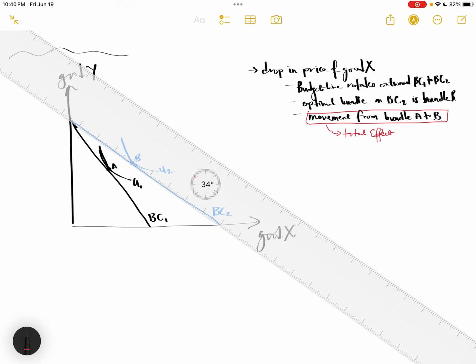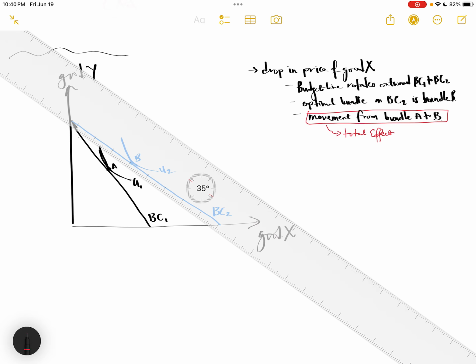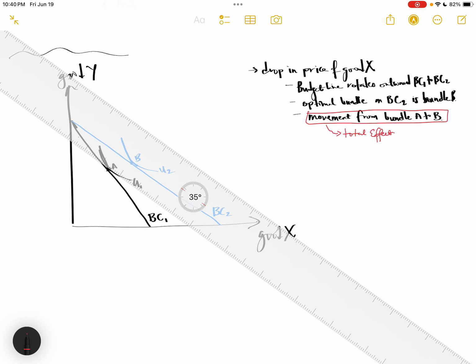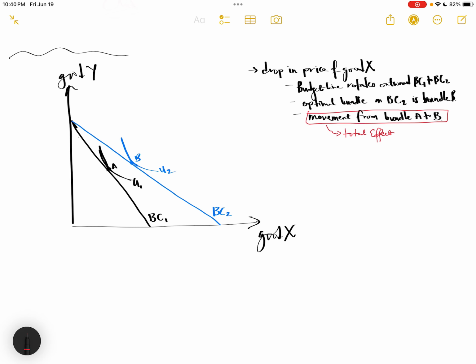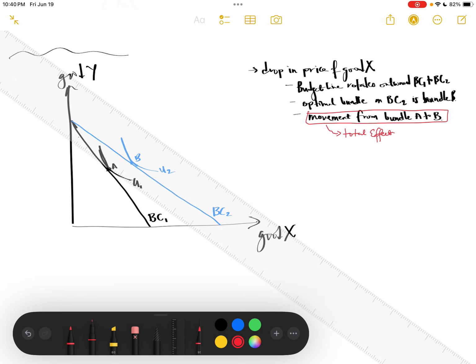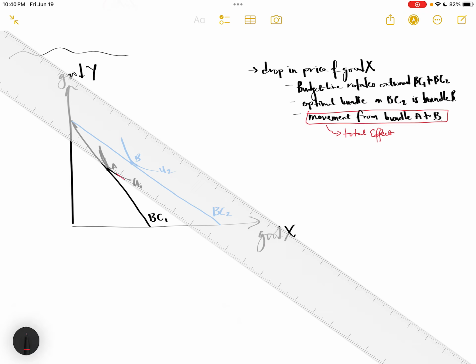Is that tangent? Trying to keep it 35 degrees. All right, cool. We will use the red ink to attempt to draw this.